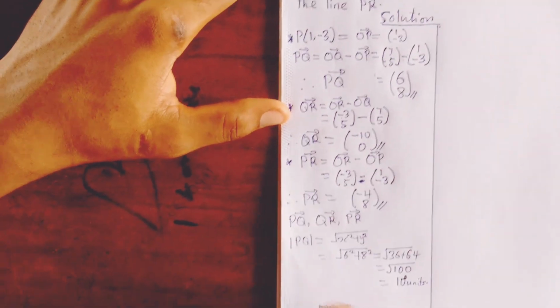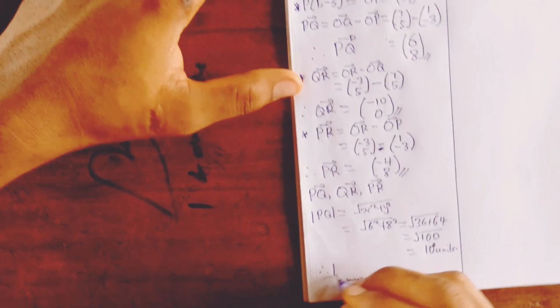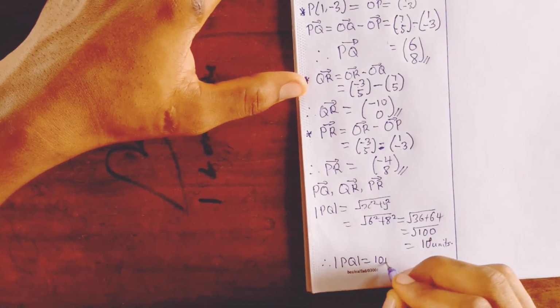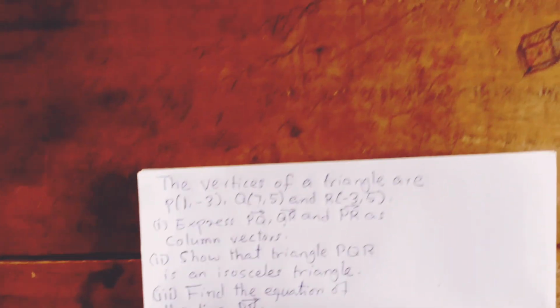Therefore, let me conclude, the magnitude of PQ is equal to 10 units. Let me come to QR.